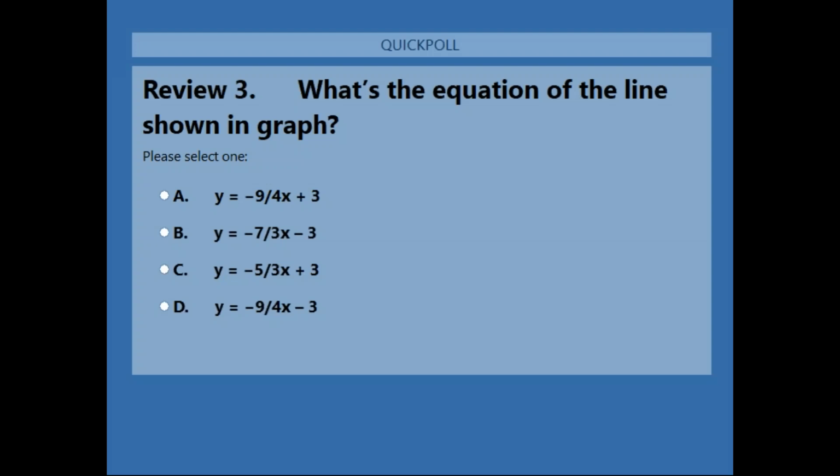I appreciate it if everyone can share their answers. Even if you think it's not the right answer, that's fine. You're participating. Learning is a process. You don't have to know everything from the beginning. This is the way we learn. We make mistakes and then we learn from them. Which equation represents this line that was on the screen?